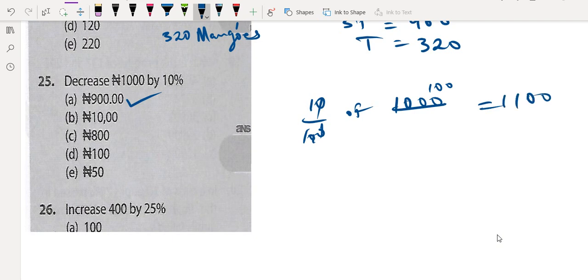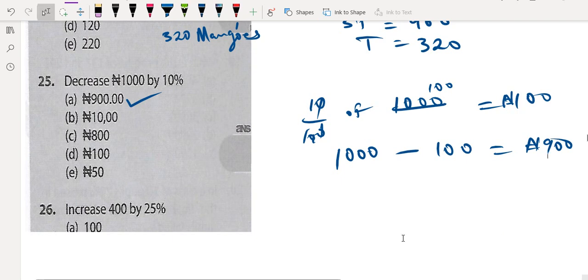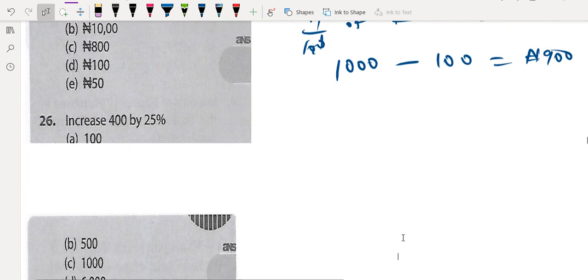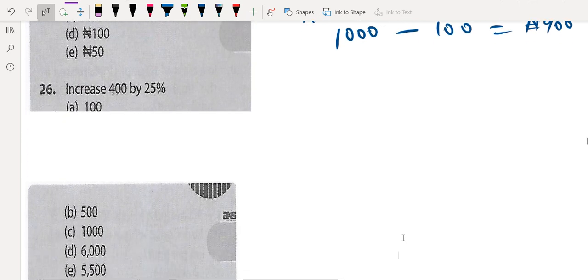What I'm simply saying is decrease 1,000 naira by 100 naira. So if you decrease 1,000 naira by 100 naira, you'll be having 1,000 minus 100, and that's 900 naira.